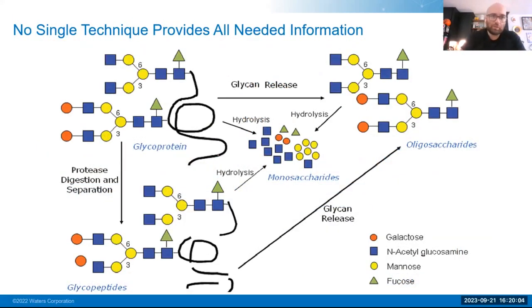The reason why we do this is because there's no single technique that provides all the information needed to not only characterize, but also determine the biosimilarity of the protein products that we're looking at.